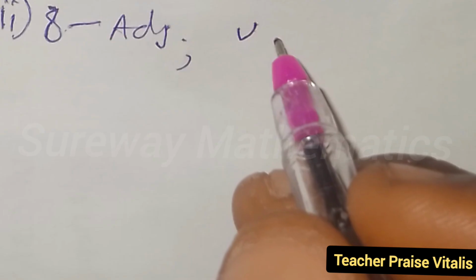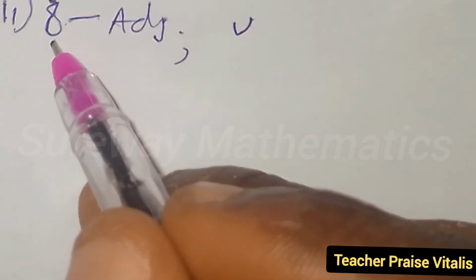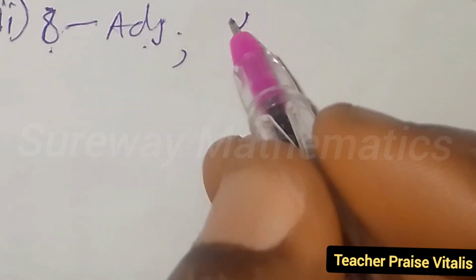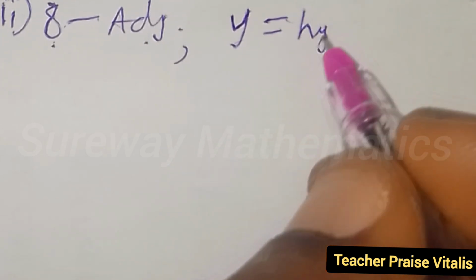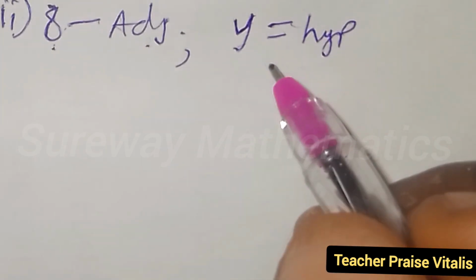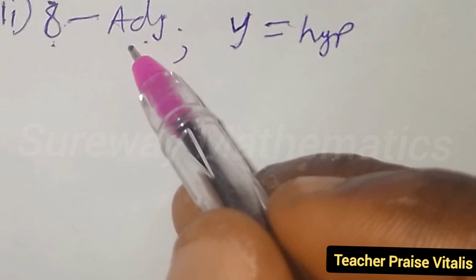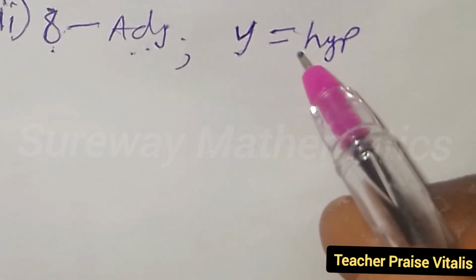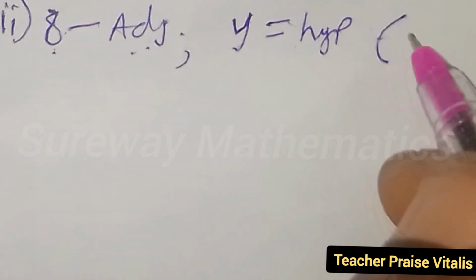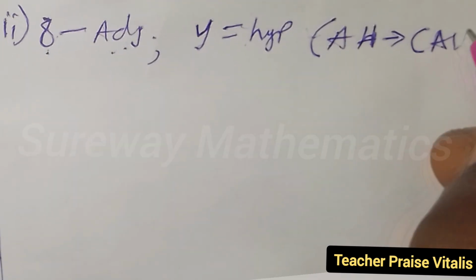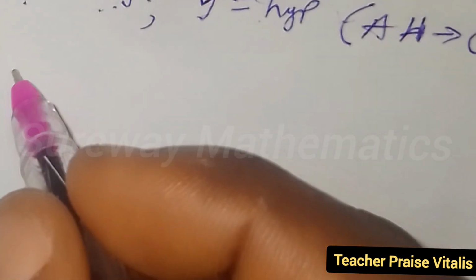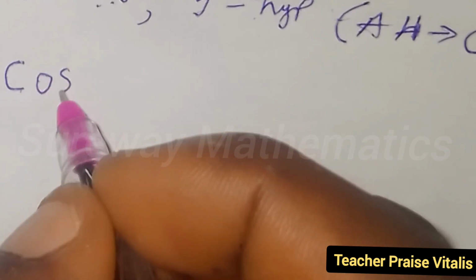Another example. In question 2, 8 is the adjacent. Y is the hypotenuse. Therefore, we have adjacent and hypotenuse, AH, which is CAH. Therefore, we go for cos.